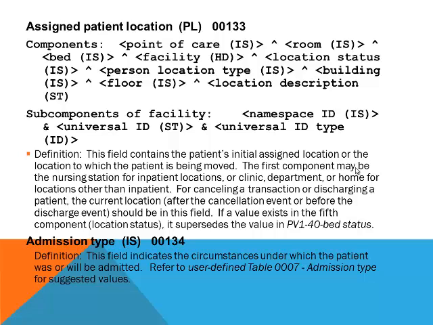The admission type field is used to indicate the circumstances under which the patient was or will be admitted. This field adopts the value from table 0007 admission type.